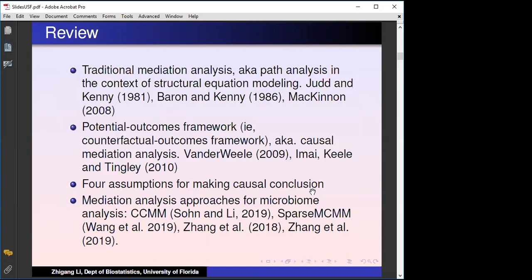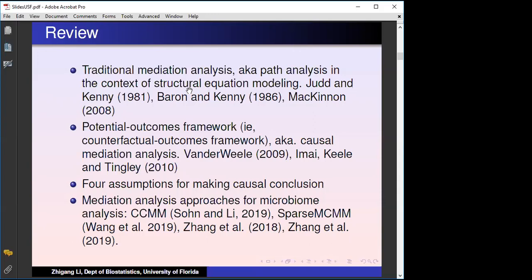So in the literature, there have been quite a few developments in mediation analysis. Roughly speaking, they can be divided into two categories. The first one is the traditional mediation analysis that relies on a linearity assumption on the effects.